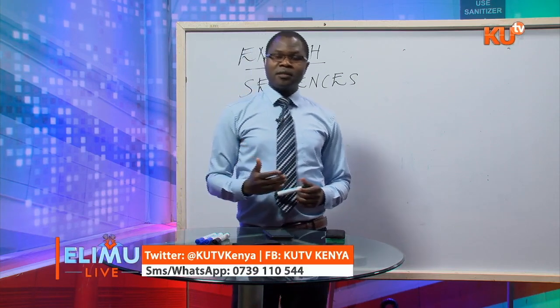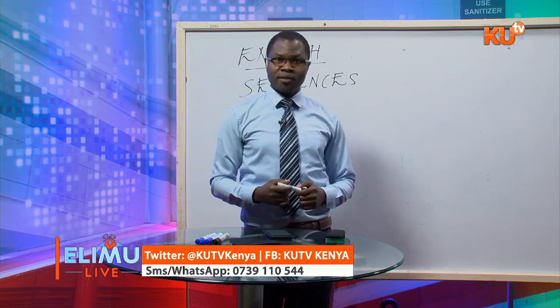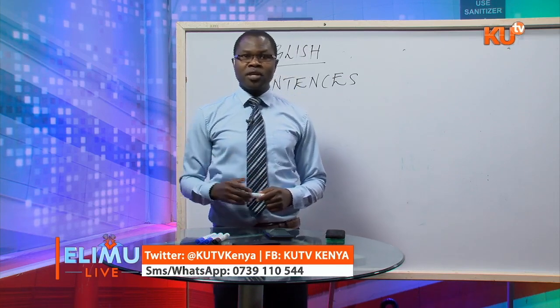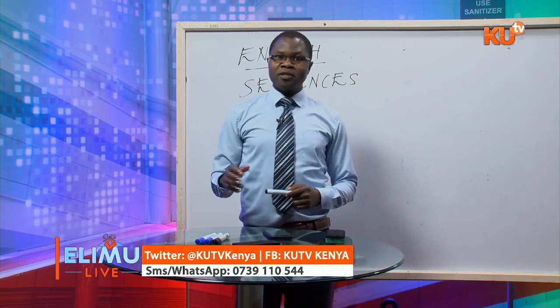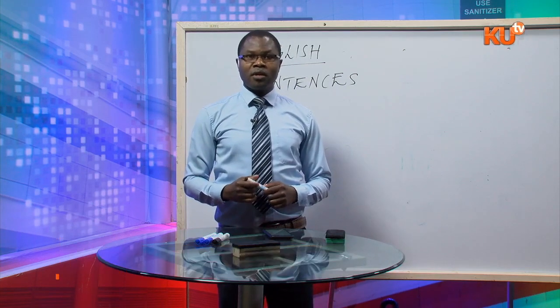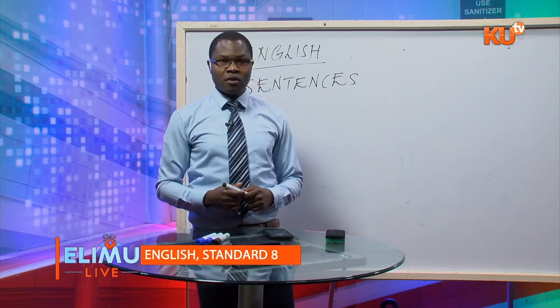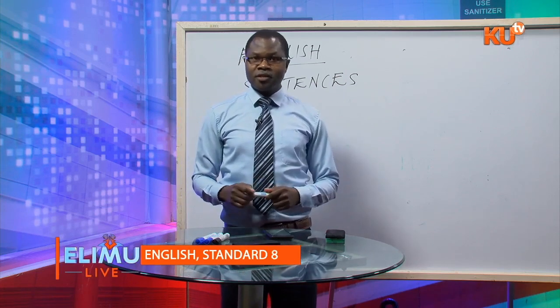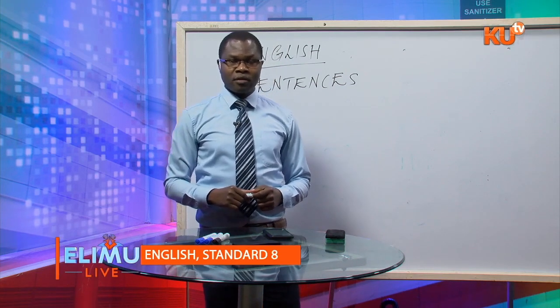Sentences emanate from words. If you put many words together, you come up with what we call a phrase. Then if you put many phrases together, you come up with a clause. A clause is comprised of a subject and a verb, which is so basic.